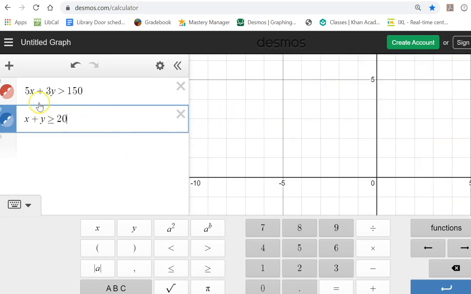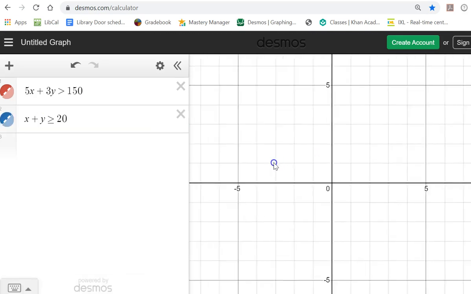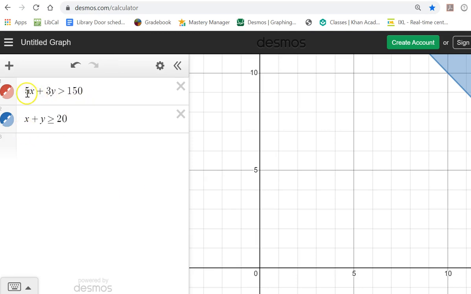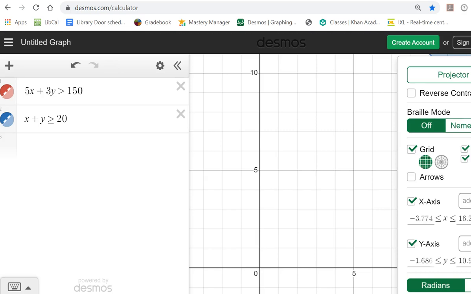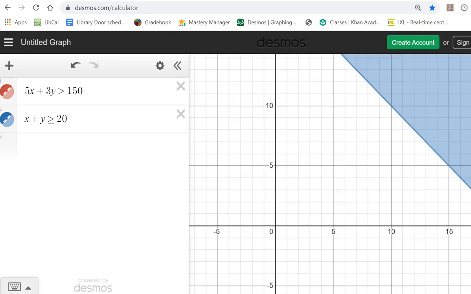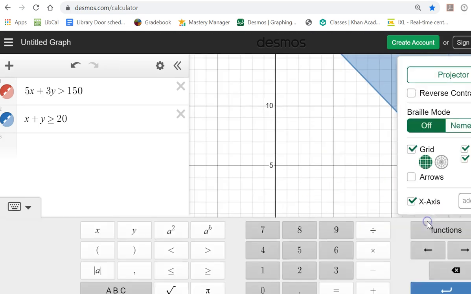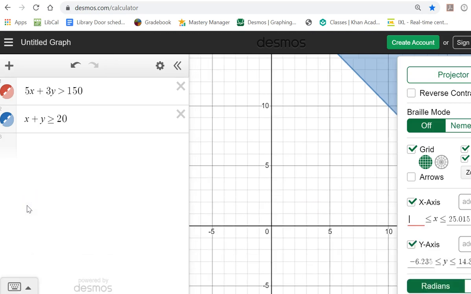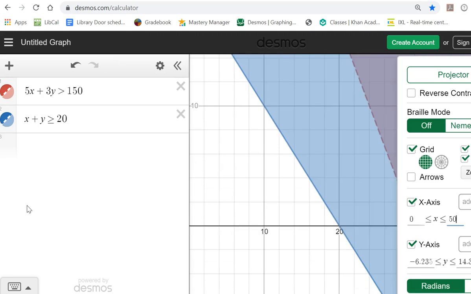Notice how I can't see my window here. Oh, if I start to shift, I can. So if I divide by 5, 30, and divide by 3, 50. So I'm going to change my viewing window to go from 0 to 50.